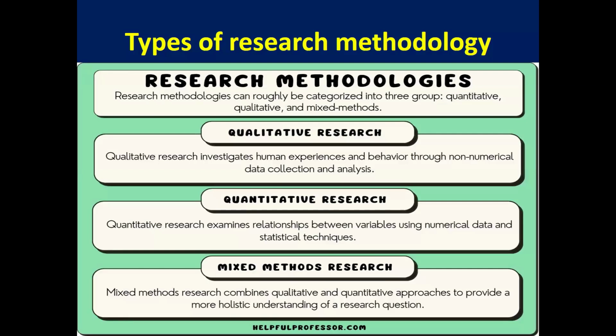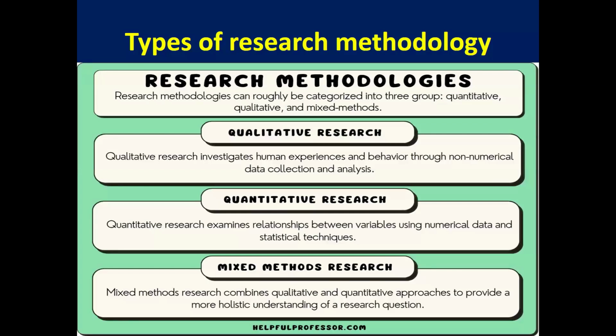In qualitative research, researchers investigate human experience and behavior through non-numerical data collection, and after collection there is analysis and interpretation. And quantitative research examines the relationship between independent and dependent variables using numerical data and statistical techniques.